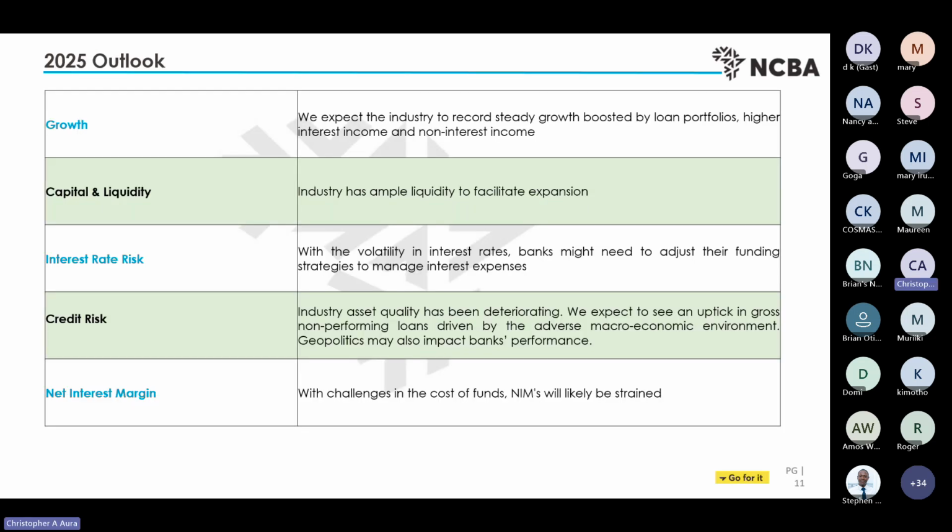So looking into the future, 2025, in terms of growth, we expect the banking sector to continue growing at a steady rate. This will be boosted by the credit to private sector, which we expect to improve in 2025. This is because the central bank has been trying to lower the interest rate in the market, and we have seen banks continuously lowering their lending rates.